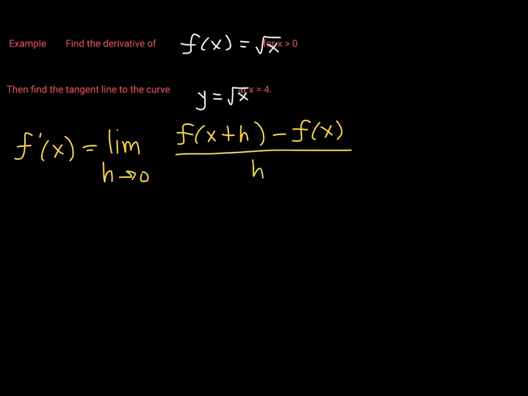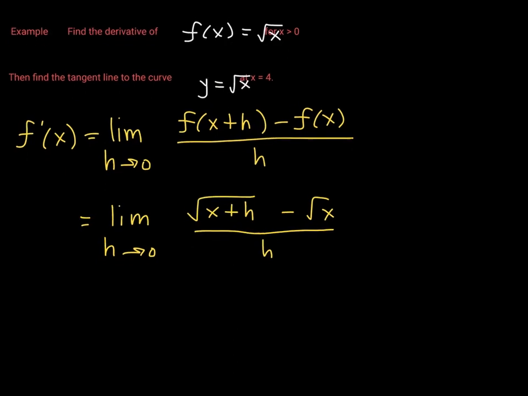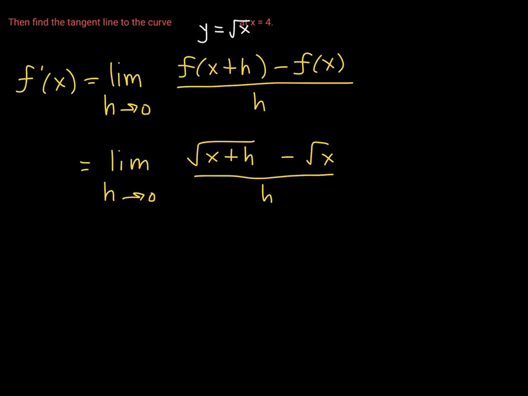All right, so then f prime of x is equal to the limit as h approaches 0 of the square root of x plus h minus the square root of x all over h. We cannot use direct substitution, at least not yet, because then this would be undefined. So let's continue to simplify.